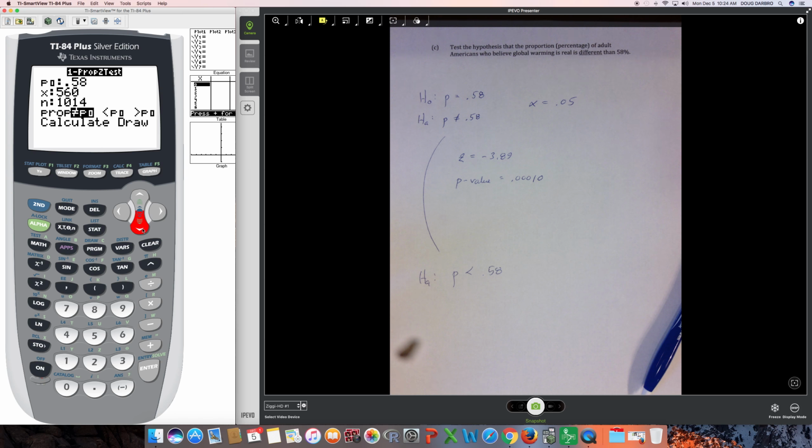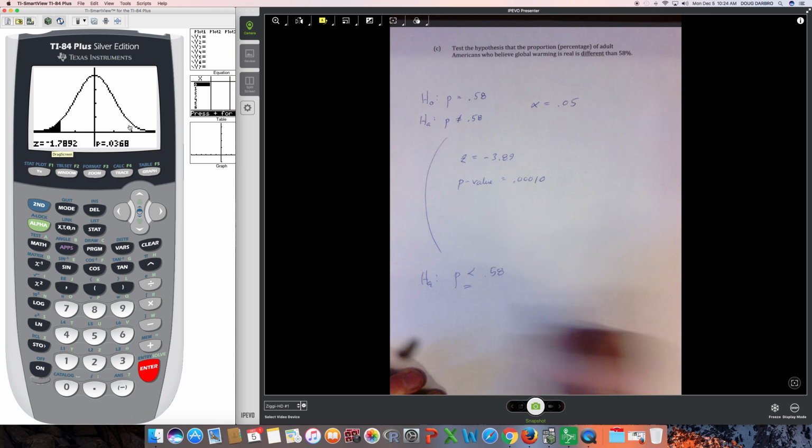And I want to do less than, so my calculation of my p-value will be in the left tail. I want to show you that that's actually the case. See, when I've got a test statistic that isn't as extreme as negative 3.89 was, I can actually see on my screen the calculation of the p-value. Notice there's no shading up here because we're doing a less than.